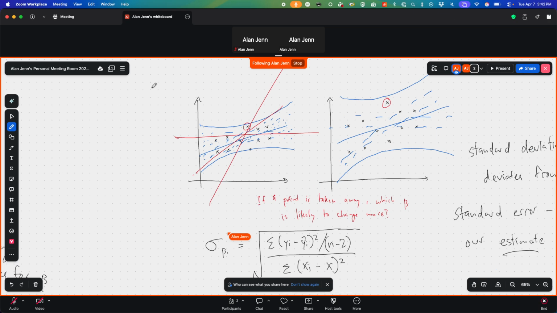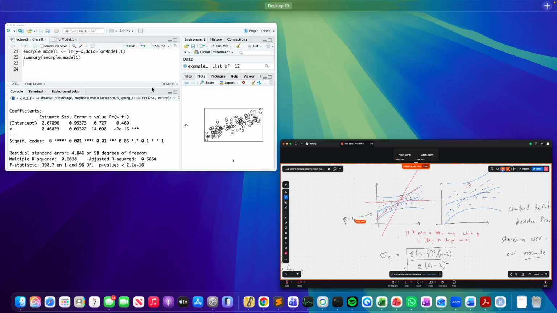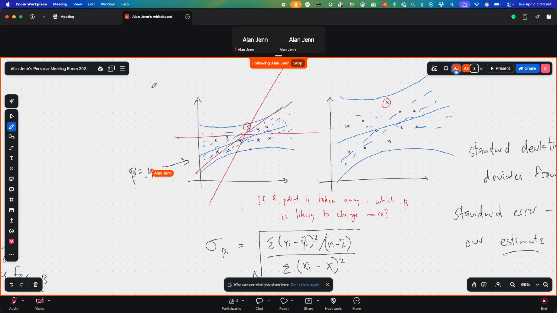In that particular example, we're saying that this slope beta is equal to 0.468.